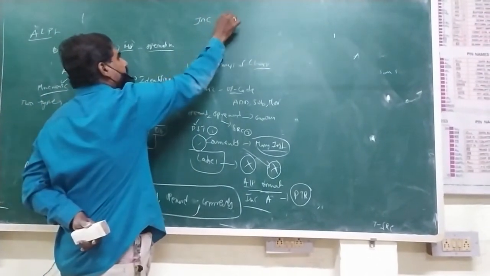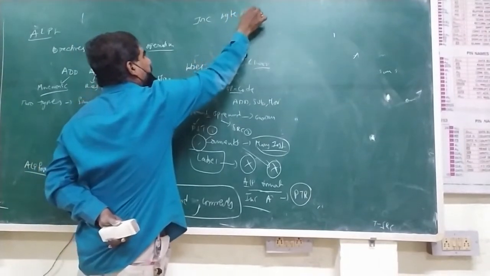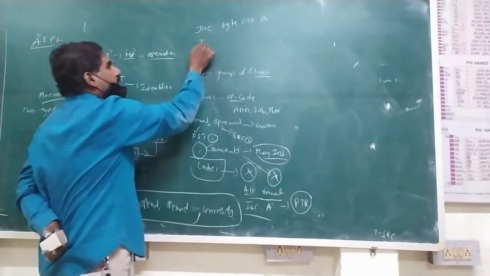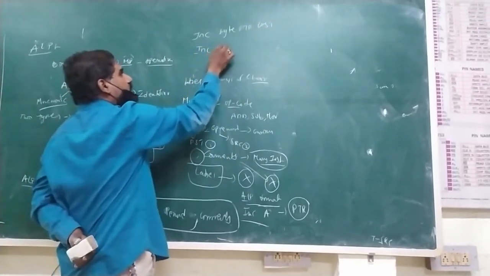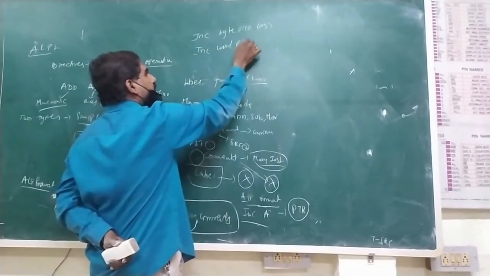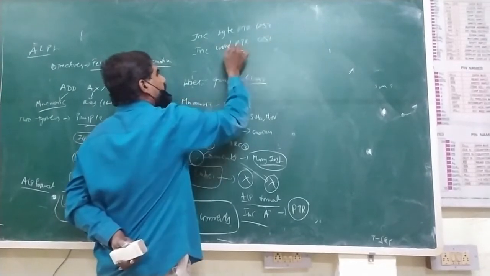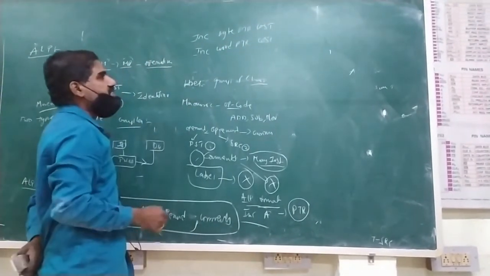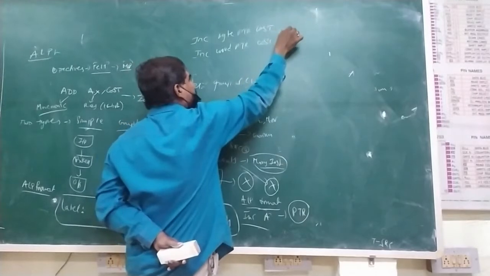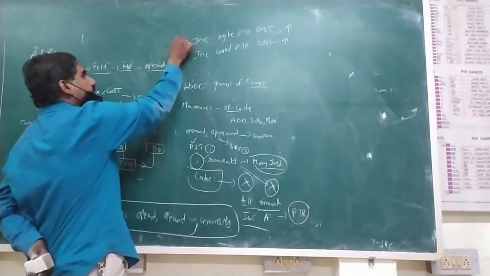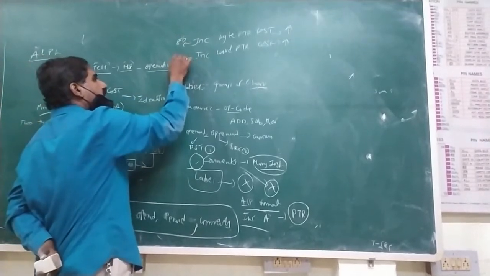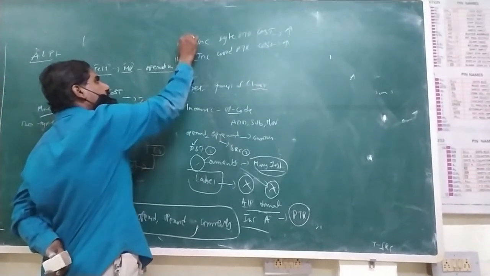Increment byte PTR A, nothing but cost. Increment word PTR cost. The difference between the two instructions is that in one a byte is incremented, in the other a word is incremented. Byte means 8 bits, word means 16 bits.